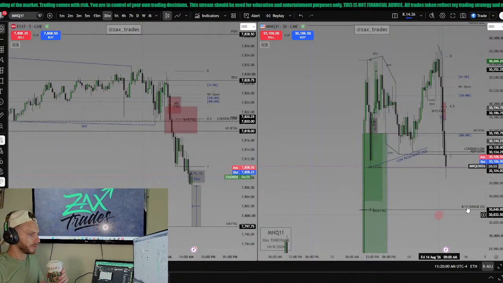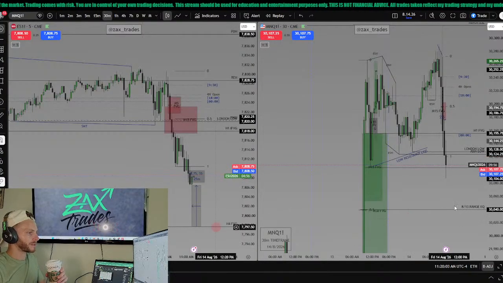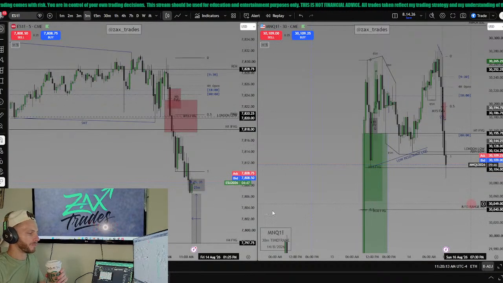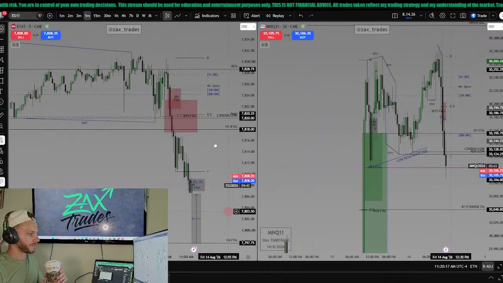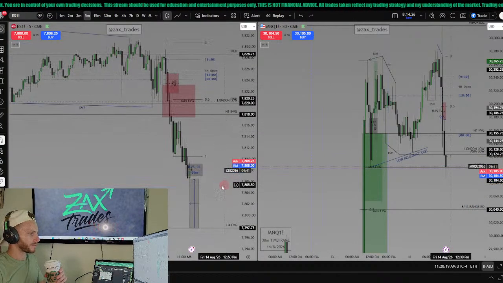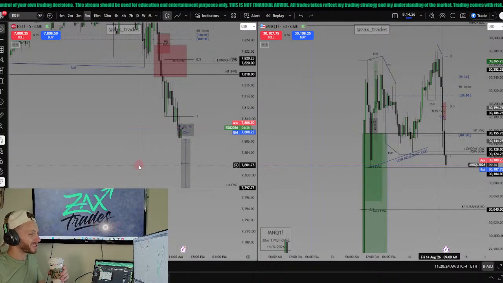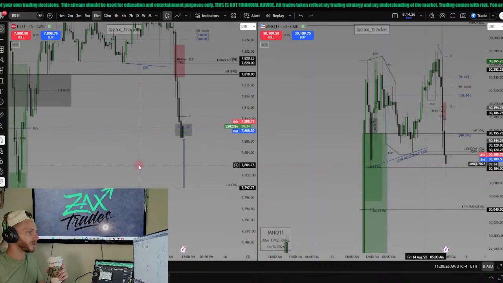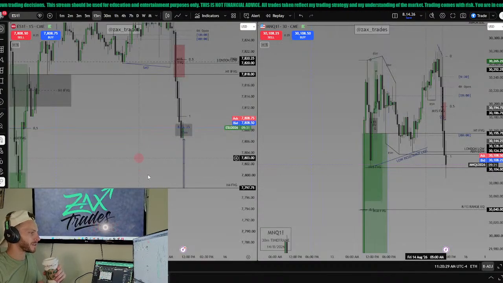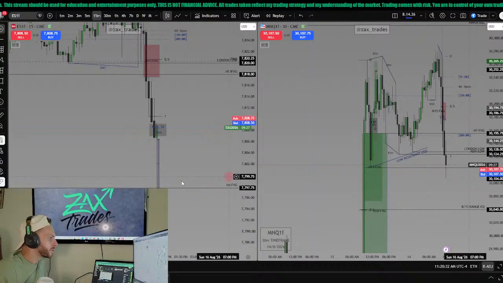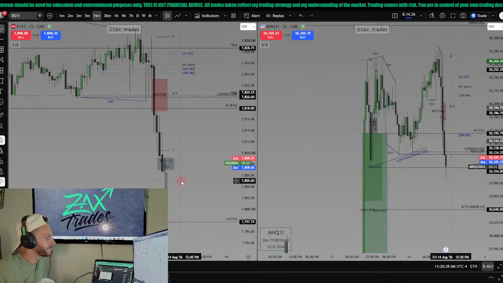I like this EQ here because that is inside that 4-hour bullish fair value gap, but offers us potentially a deeper target inside the gap that's specific and not just randomly holding potentially a trade.